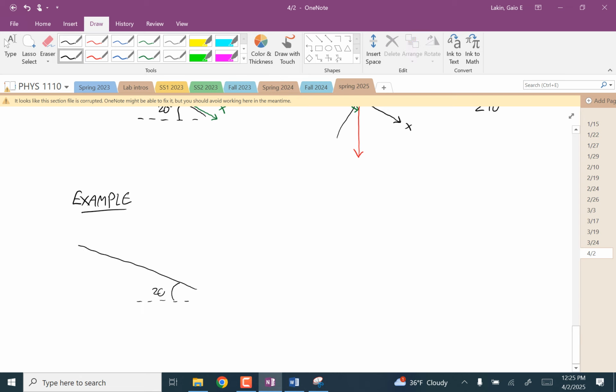Okay, so let's say this is 20 degrees. And we have an object rolling along the surface. And let's say that this has a mass of 10 kilograms. What's the acceleration of the cart?